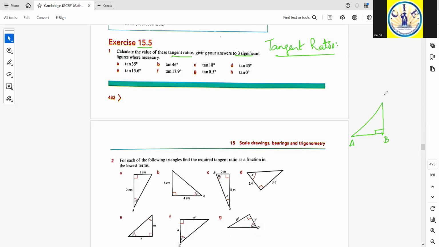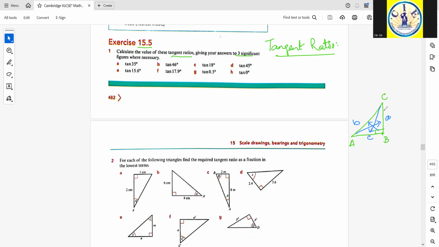let me label it as A, B, and C. The sides opposite to the vertices are labeled with small letters. The side opposite to A is labeled as small a. The side opposite to capital B would be represented by small b, and the side opposite to the vertex C would be represented by small c.